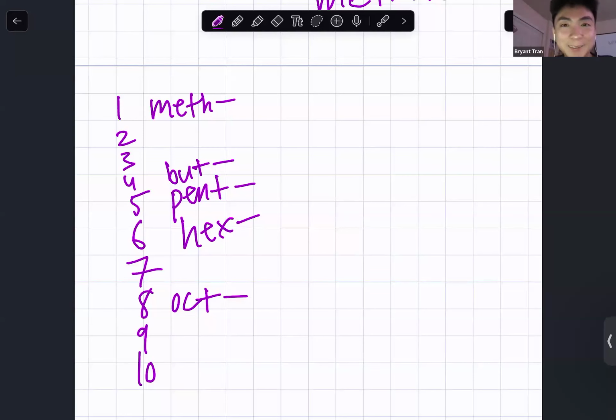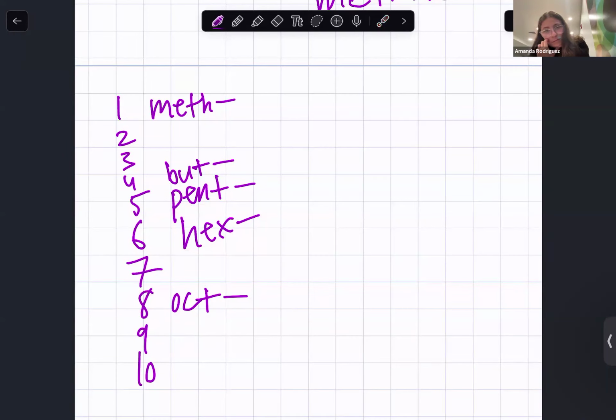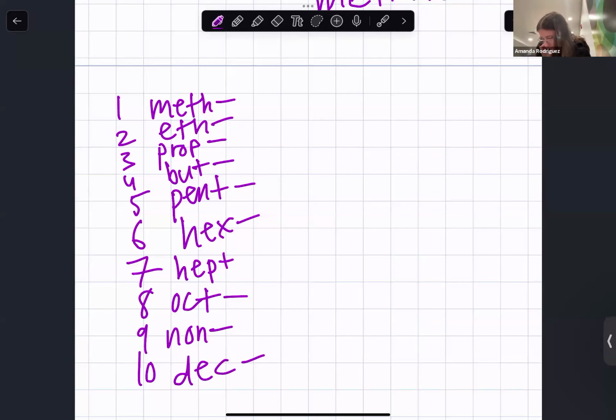I could just go over that with you, because I think the more straightforward way is like pent for pentagon, five, and six like hexagon, hex, and oct for octagon, eight. Everything else is tricky, right? So two is eth, three is prop, seven is hept, nine is non, 10 is dec.